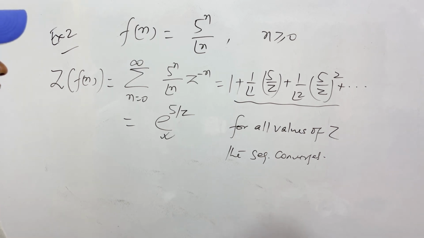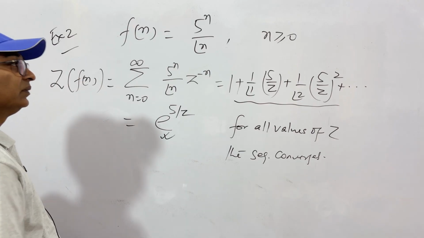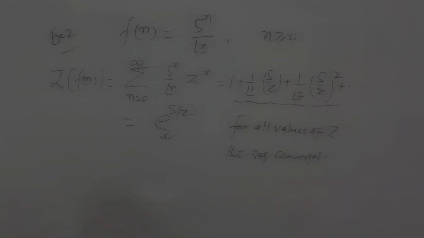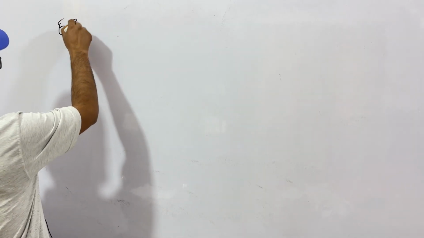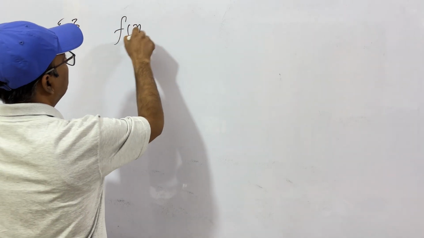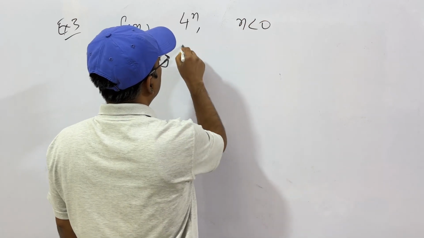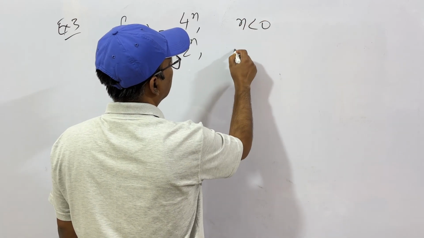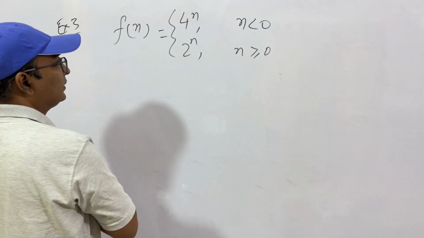Now let's see one example when we have a function from minus infinity to plus infinity. Let's see how to do that. So our third example is, let's say our f(n) is 4 to the power n for n less than 0, and it is 2 to the power n for n greater than equal to 0. Okay, this is our function.